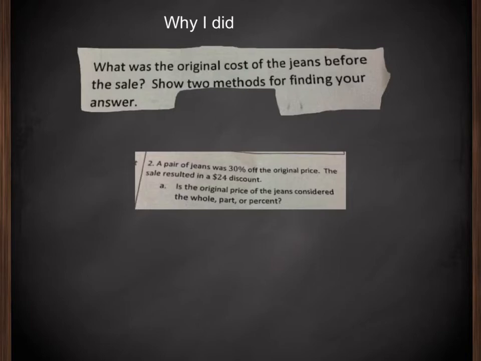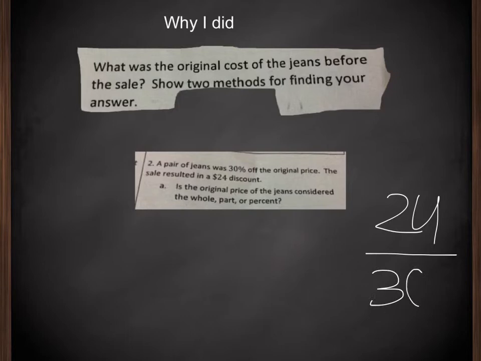I did that because I knew that I had to have $0 of discount because I need to find out the original price. And if I had $0 of discount, I would have 0% of discount. So I also had the percent, and in the end, I had to end up with something out of 100%.